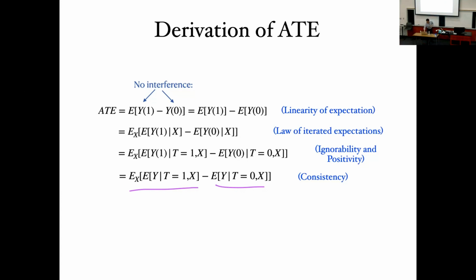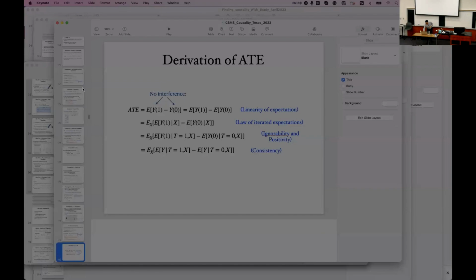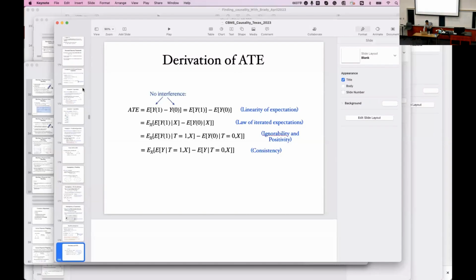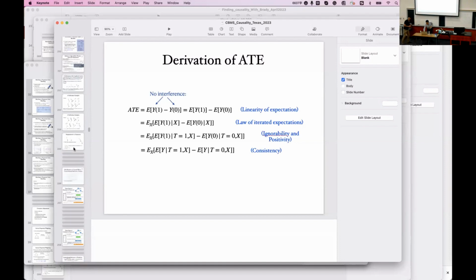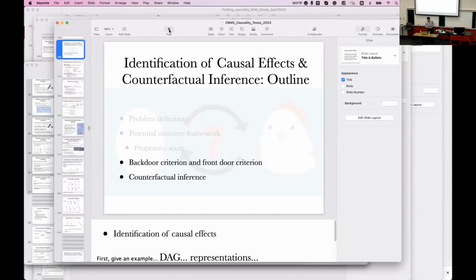Good. Now, let's go. So to go to the slide directly, you saw ignorability. Now let's try to use the following. You are given the causal structure.